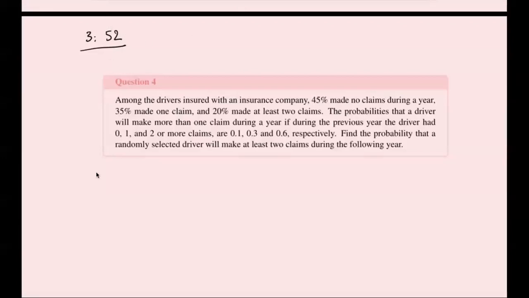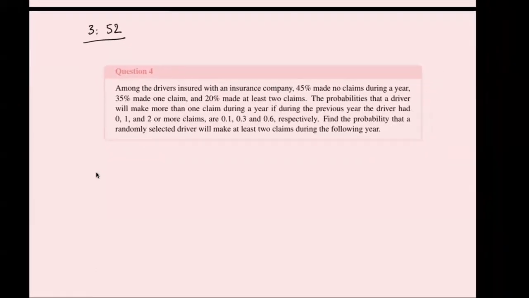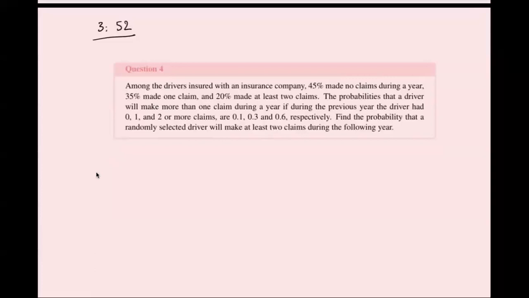Okay, let's look at this again. It's really up to you, but I personally like tree diagrams very much for conditional probability problems. That's why you will always see me drawing it, but it's not a requirement for sure. Here we start with 45% made no claim.